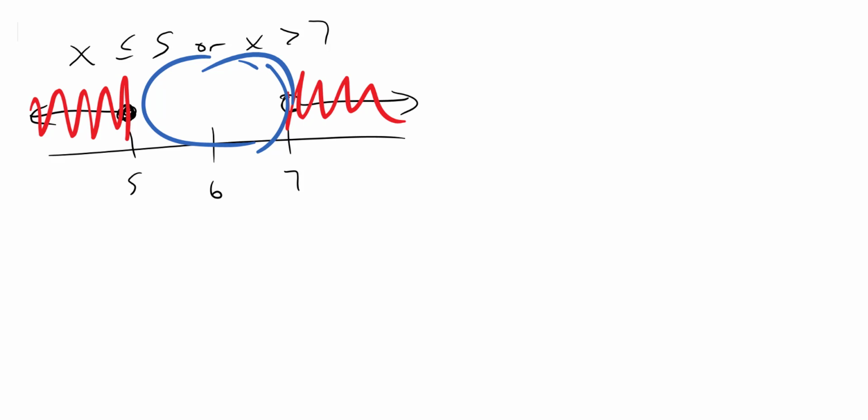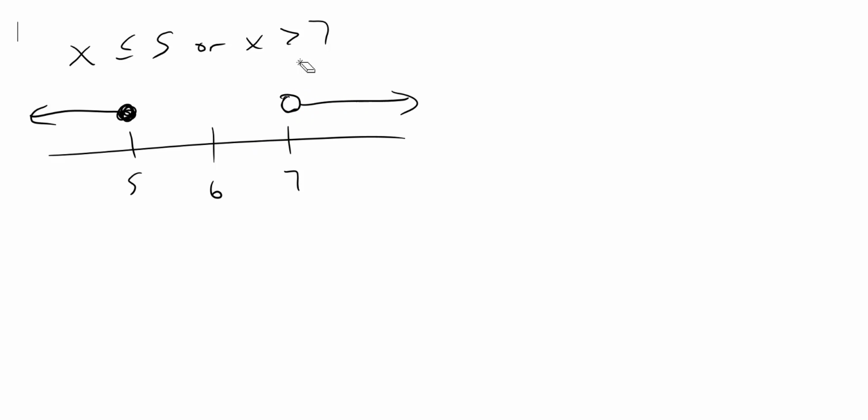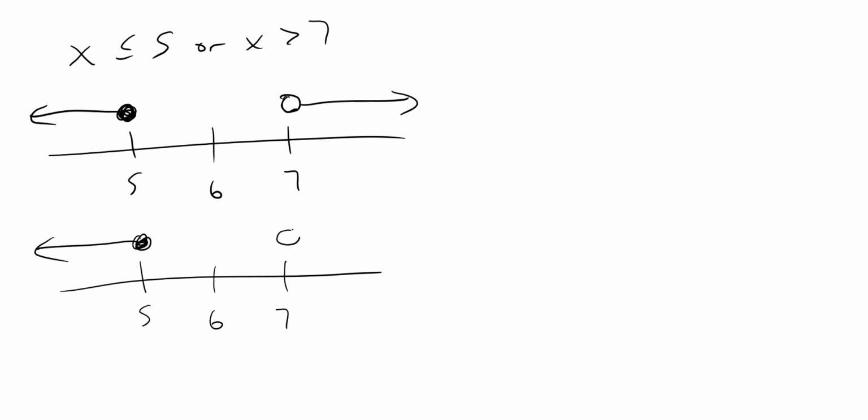So literally, even though here, I'm going to get rid of all this red stuff and blue stuff. Okay, so literally your answer is going to look like this. You're going to say, oh, well, it's 5, 6, 7, and it's less than 5 and greater than 7.